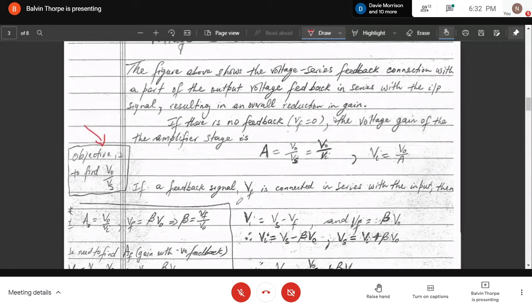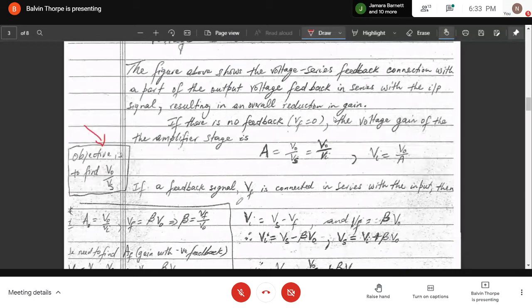We can also find what VF is, because VF, as I said, is beta VO. Okay?